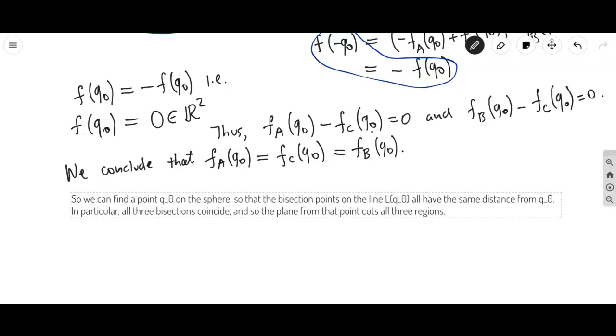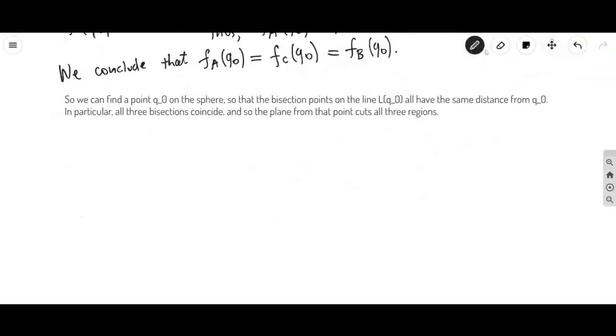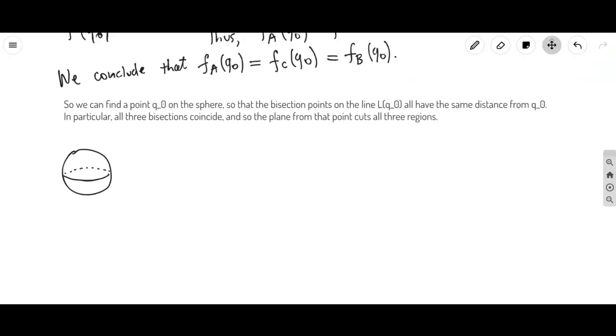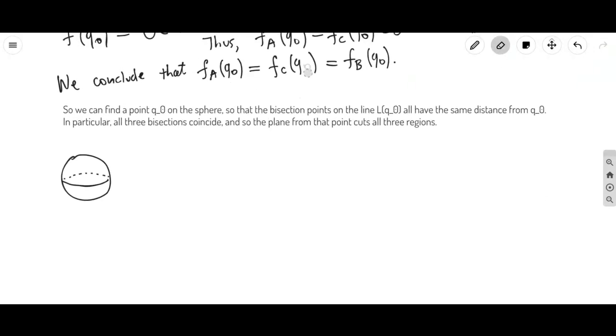So hopefully this is clear, but let me try drawing a picture to try to clarify this if there's some kind of confusion. We have our sphere again, and notice we found the point Q0 that simultaneously satisfies these three conditions. So Q0 is somewhere on our sphere, and through that point we have a line, and on that line FA of Q0 represents the bisection point.